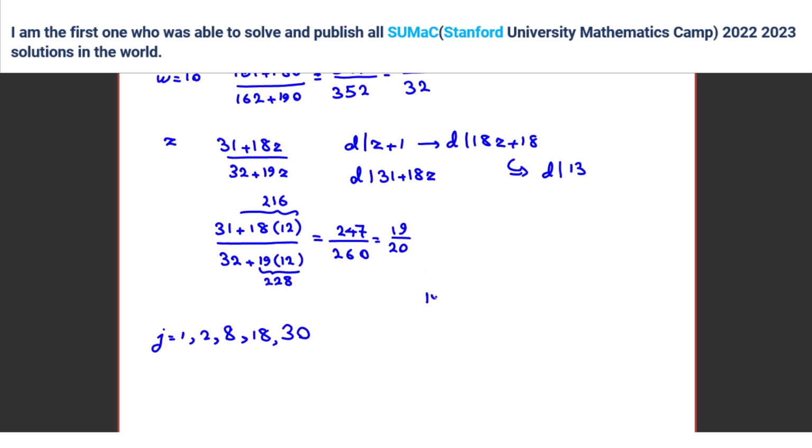Let's check. 19 plus 18R and 20 plus 19R, right? So D divides R plus 1, right? 19 plus 18R, D divides 18R plus 18. So D divides 1. Means always GCD is 1, so we don't have any other good case, right?